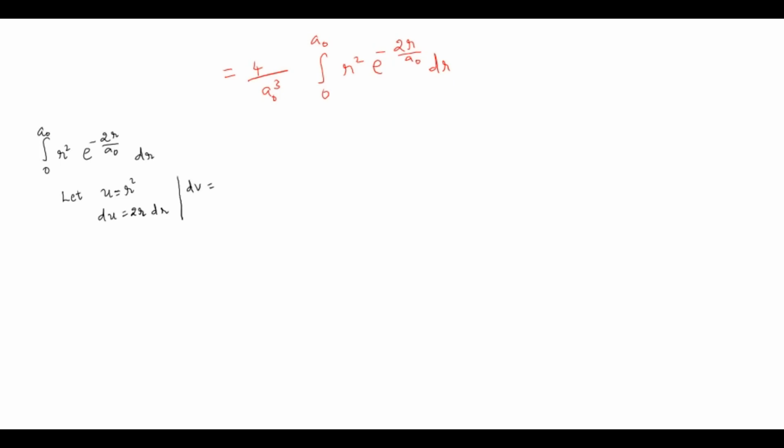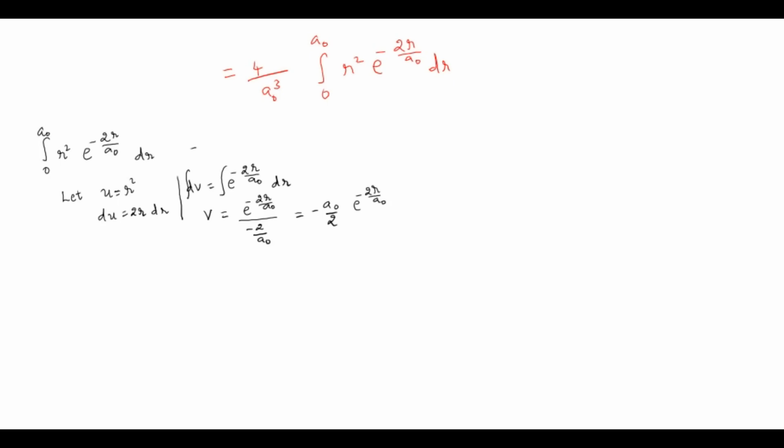The remaining part, that is e power minus 2r by a naught dr. By integrating this, v is equal to e power minus 2r by a naught by minus 2 by a naught, that is minus a naught by 2 e power minus 2r by a naught.